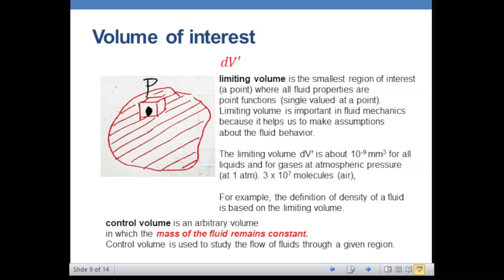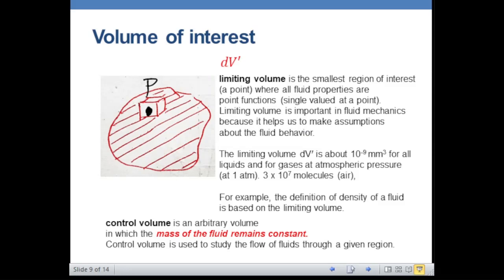So again, the limiting volume, the dv prime, is about 10 to the negative 9 cubic millimeter. That is true for all types of fluid, liquids, or gases at atmospheric pressure also. If we say atmospheric pressure, that is 1 atmosphere or 101,325 pascals.